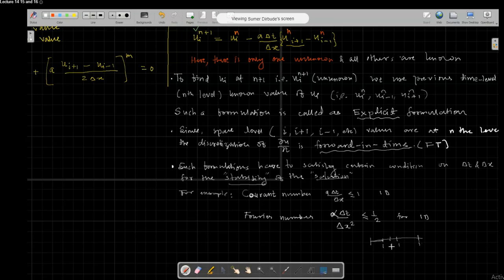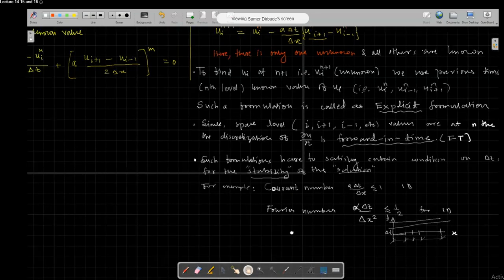Any delta x you take from this grid should satisfy this condition, and also any delta t you take in the time direction. This combination of delta t and delta x should satisfy this constraint. So there is a condition on delta t and delta x for the stability of the solution that can be chosen by the users.